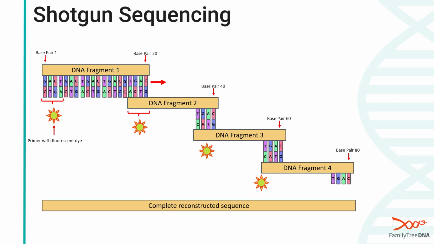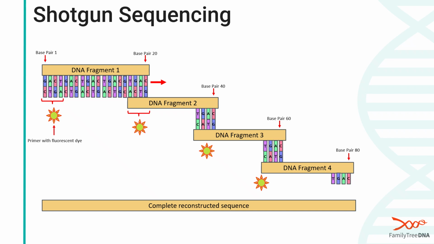Not all Sanger sequencing tests use a shotgun approach, and it's called shotgun because it just shoots out a whole bunch of random small fragments everywhere. If a Sanger sequencing test only needs to cover one area, it doesn't have the need to piece together the rest of it.